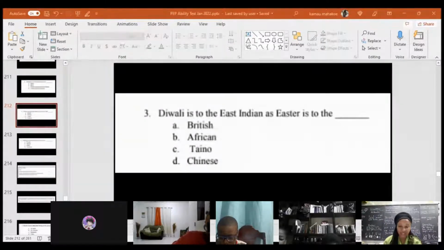Cashmark is saying African. Amari and John, British. So the East Indians celebrate Diwali, and the British introduced Easter, which is a religious holiday. It's a Christian holiday.